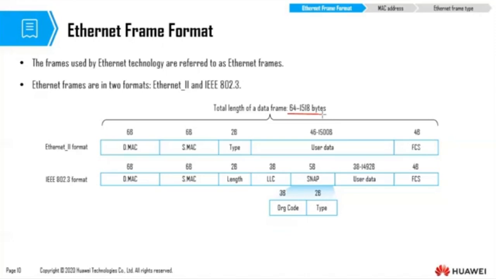If the frame is below 64 bytes and it's placed on the shared medium, that particular host might finish sending the last bit, yet the first bit has not yet arrived at the destination.